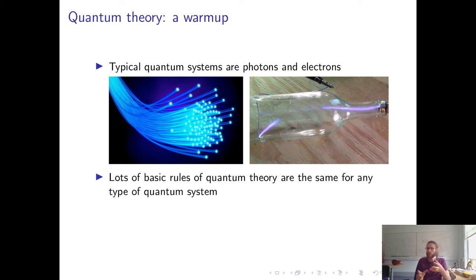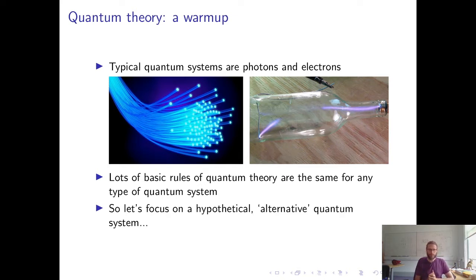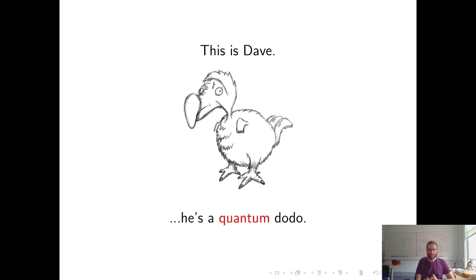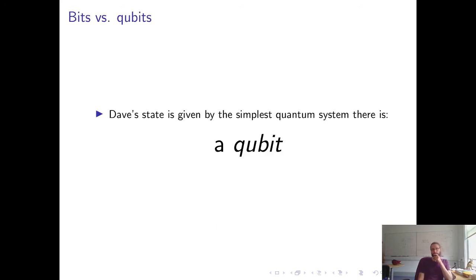So you actually don't really need to know any physics to understand some of the basic principles of quantum theory. So we'll focus on a more hypothetical alternative quantum system. This is Dave. Dave is a dodo. Dave is a quantum dodo. So Dave's state is given by the simplest quantum system there is, a qubit.